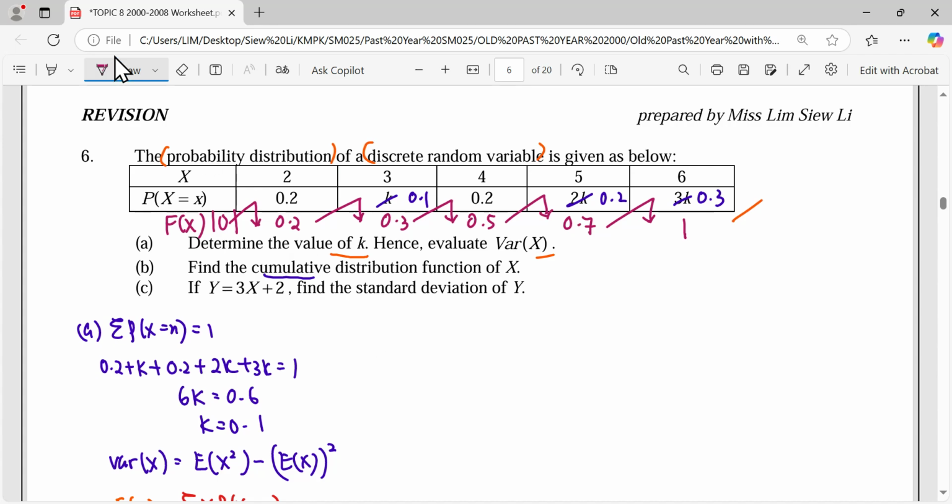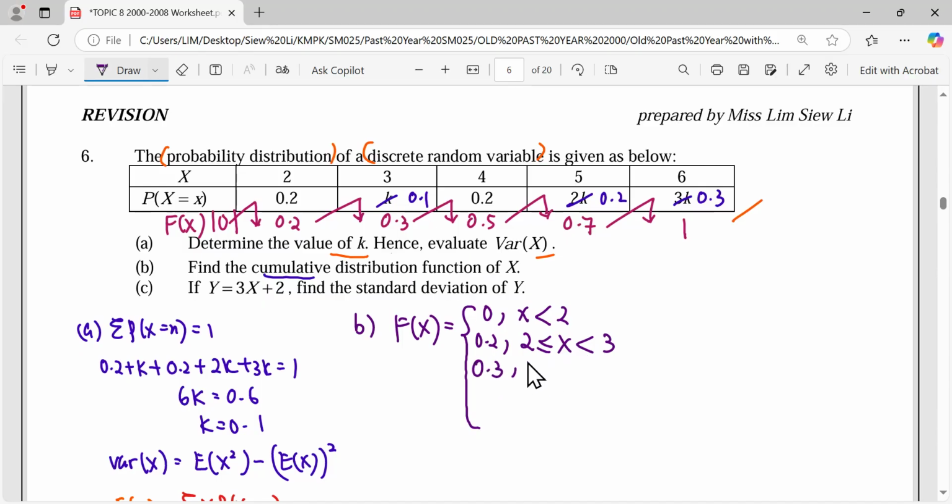Then when we want to write out the cumulative distribution function, for question B, the way we write it out must be in intervals, starting from 0, where the random variable is before 2. So the random variable before 2 means x is less than 2. Then this is 0.2, it is for values of 2 up to but before 3, so x is less than 3. Continue with 0.3, it is for 3 and before the value of 4.